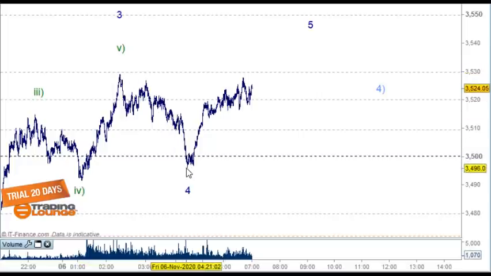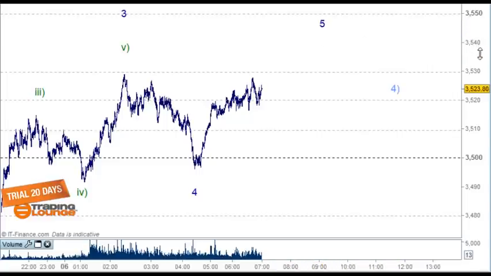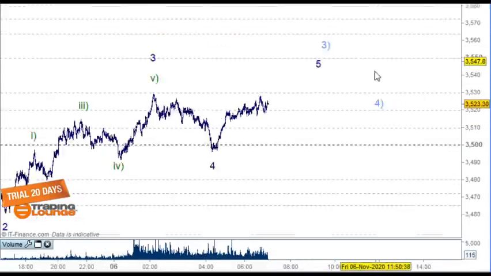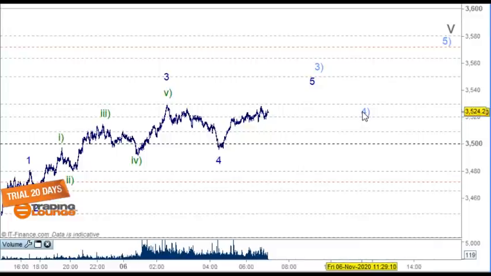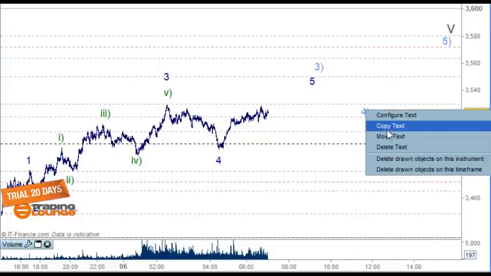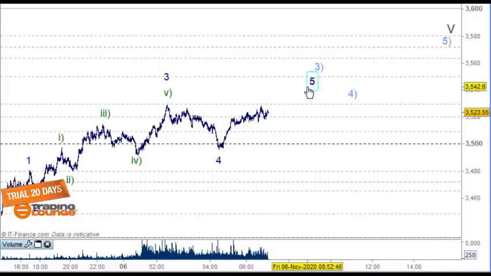I suppose it could be an A wave here, a B wave here, and a C wave to come back down here, but it's not going to go that far, so it shouldn't take the stops out and then push up. Otherwise, we'd need to look at this as basically wave 1 up here, and this is some sort of little correction here. I'll need to pull that apart, and wave 3, 4, and 5 taking us up higher here, and then we would have wave 4, which would probably be higher again here, and that would sit probably above there.